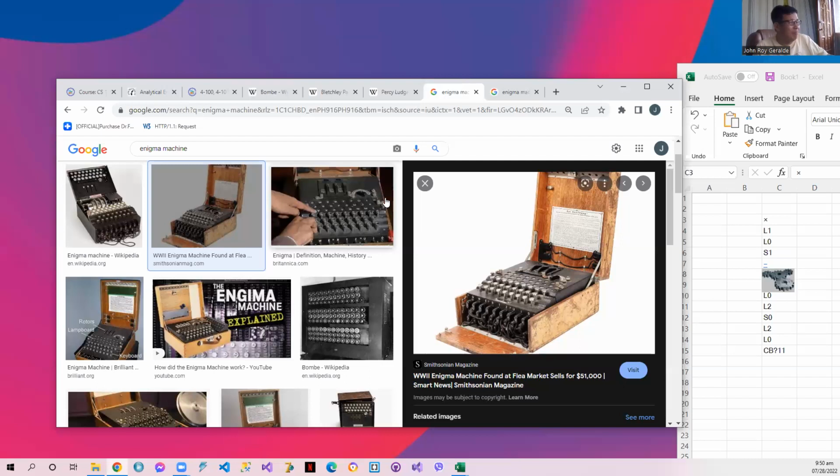And then they made use of this loophole, because they saw that nothing repeats in the encryption of a certain character.